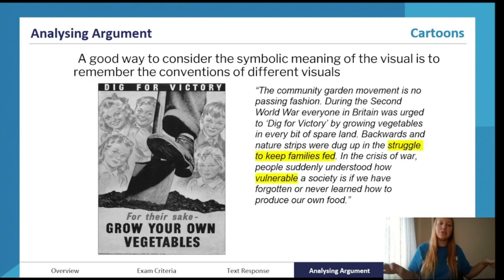But what do we see that really is key here and is relating to the image a little bit? Struggle to keep families fed. We see in the background these families.